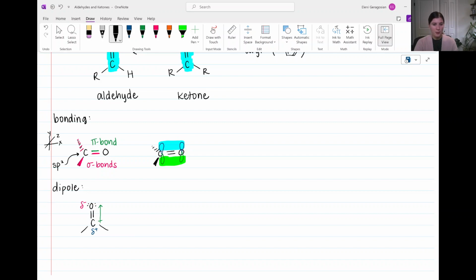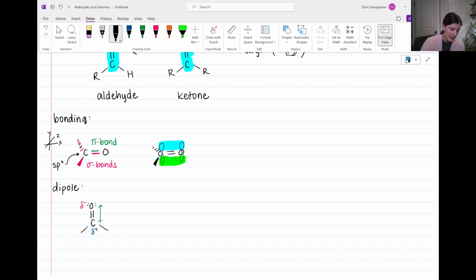Now we have a dipole here, which means solutions of only aldehydes or only ketones would have dipole-dipole interactions. But if you have another molecule in solution that is a hydrogen bonding donor, with a hydrogen bonded to another electronegative atom, then this oxygen in aldehydes and ketones can be a hydrogen bonding acceptor.